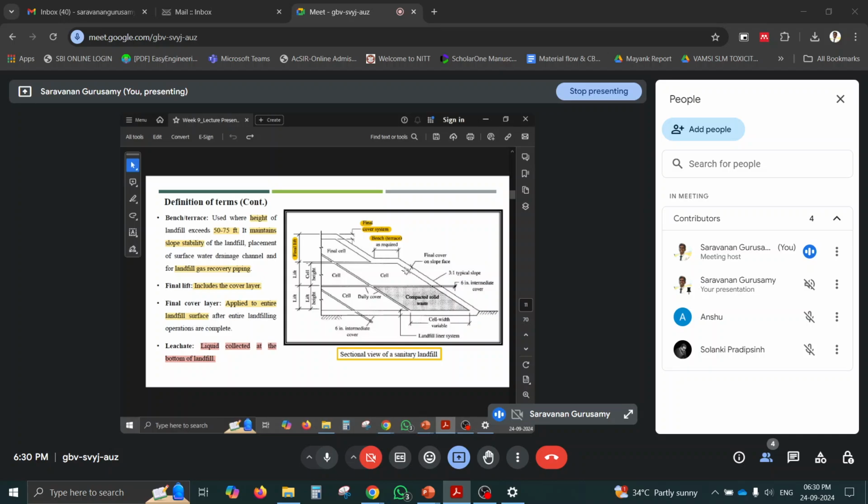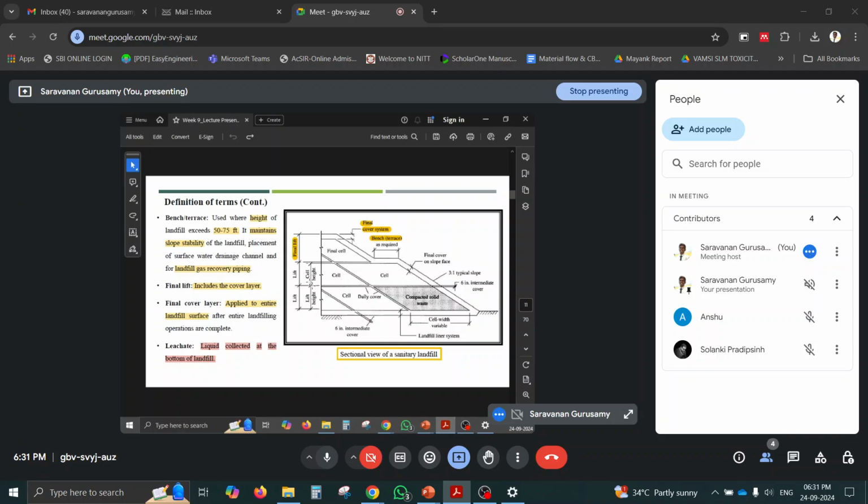If you go straight up, there may be a landslide, so we need a bench, that is called a terrace, a proper horizontal surface without any slope. It is also suitable for the water drainage system, and we can use this area for landfill gas recovery piping. Okay.